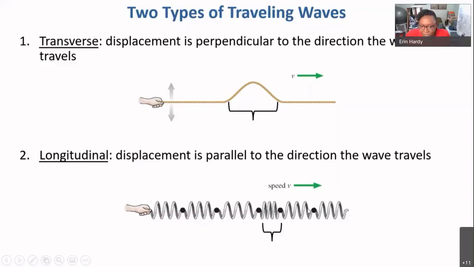So just to take a closer look at what's going on with this spring here at the bottom, we have these black dots that represent consistent spacing. Imagine that the spring is just at rest. It's neither stretched nor compressed. If you could take a Sharpie and draw a dot every 3 coils, which is what it looks like we have here, then when it's at rest, adjacent dots are always going to be the same distance away from one another.